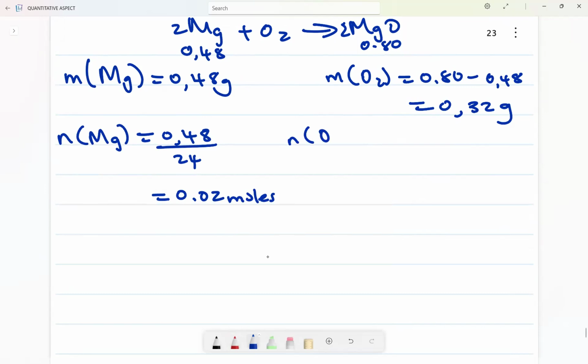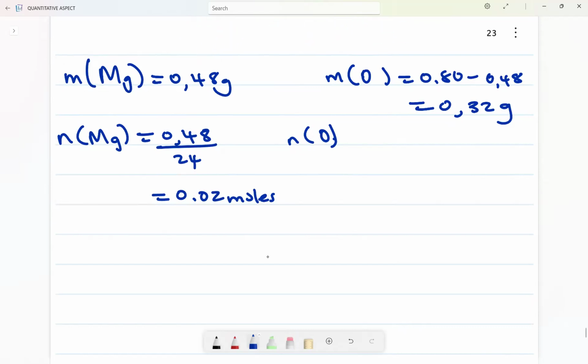And then the number of moles of O. Remember, for oxygen we do not write O2, we just write O, because the minute I write 2, I'm assigning a different amount. So O is 0.32 divided by 16, which gives me 0.02 moles.